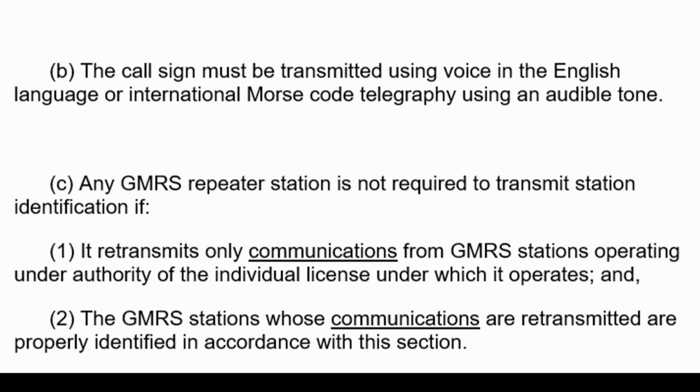So it says any GMRS repeater station is not required to transmit station identification if it retransmits only communications from GMRS stations operating under authority of the individual license under which it operates, meaning you have to get the repeater owner's permission, and the GMRS station, meaning you, whose communications are transmitted are properly identified in accordance with this section.